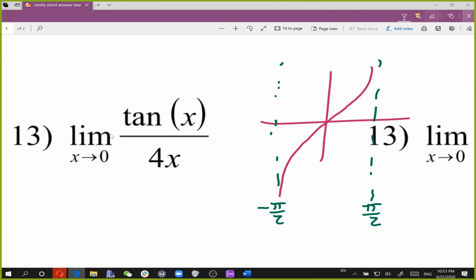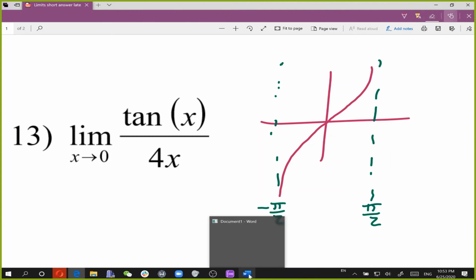I think I'm frozen, so I'm going to take a screenshot and move over to Word really quick. Close stuff we don't need. I think I'm running out of RAM. There we go. Okay, back over to Word.